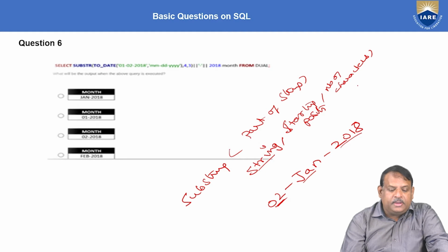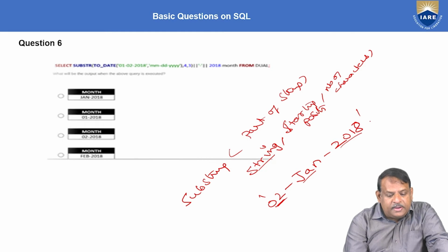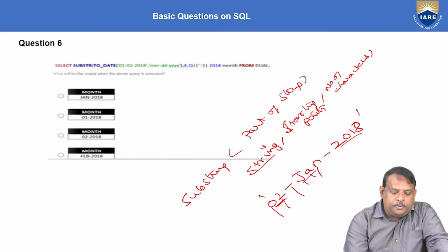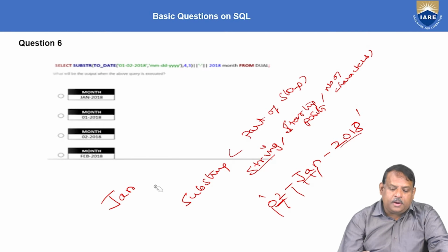Here he has given substring of the given string, and he said start at the 4th position, 1 2 3 4. So from there search for 3 characters, 1 2 3. So you will get here Jan. You will get only Jan. Understood?